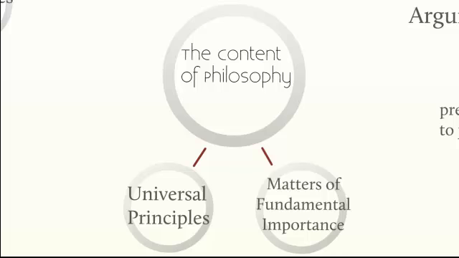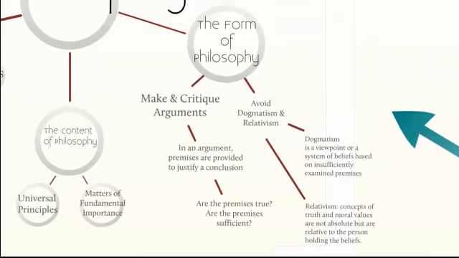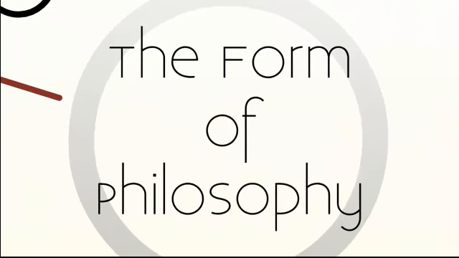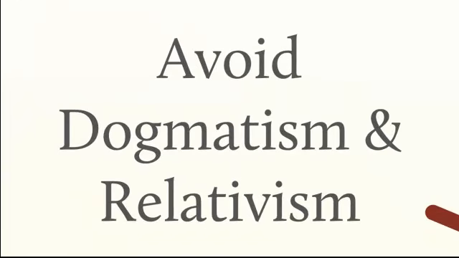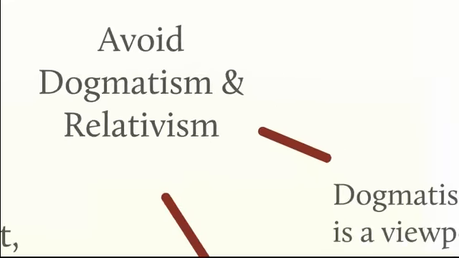And we're going to talk about both of these. And so when you're thinking philosophically, there's a couple of things that come into play. One is things to avoid. So when you're looking at an argument, philosophers try and avoid dogmatism and relativism.